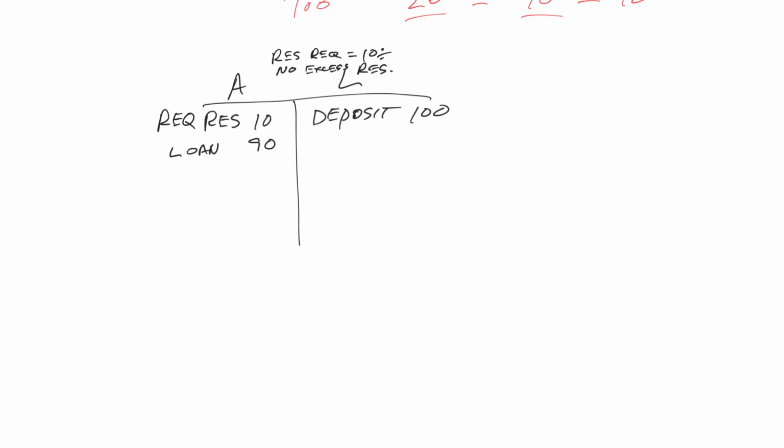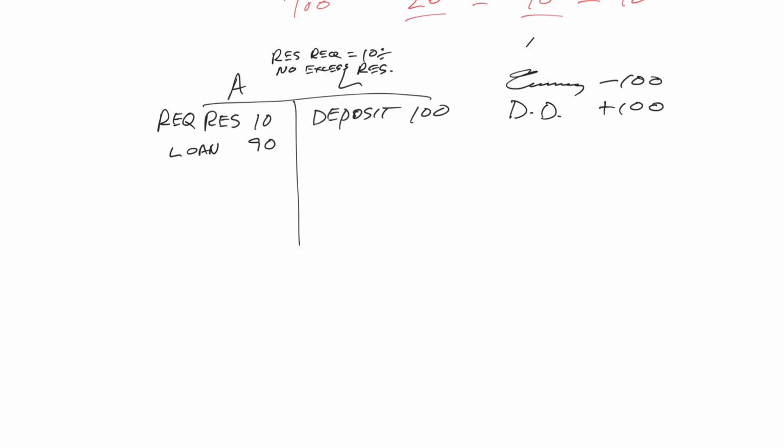So currency went down by 100, and demand deposits went up by 100. So what happened to the money supply? Nothing. Okay? It just stays at 100.